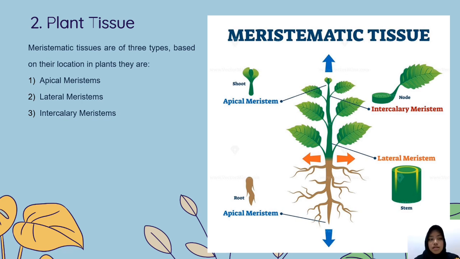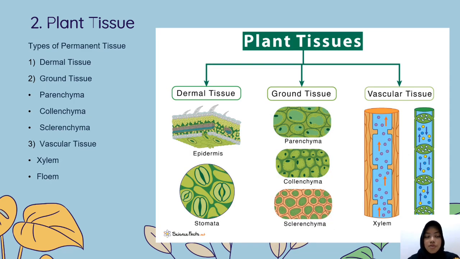The next material is types of permanent tissue. There are dermal tissue, and then ground tissue, and then vascular tissue. Dermal tissue forms the outermost covering of the plant, called the epidermis. In stem and leaf, the dermal tissue is covered by a waxy cuticle that prevents water loss due to transpiration.